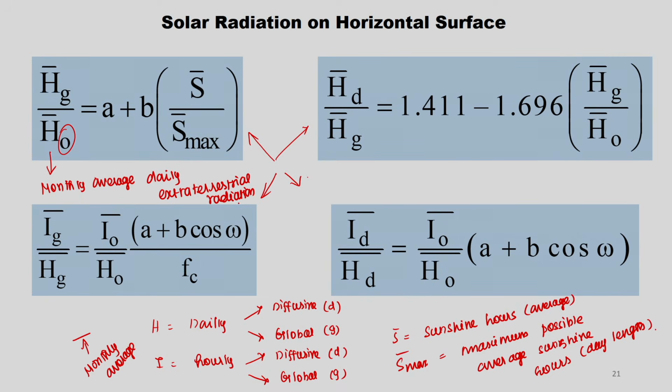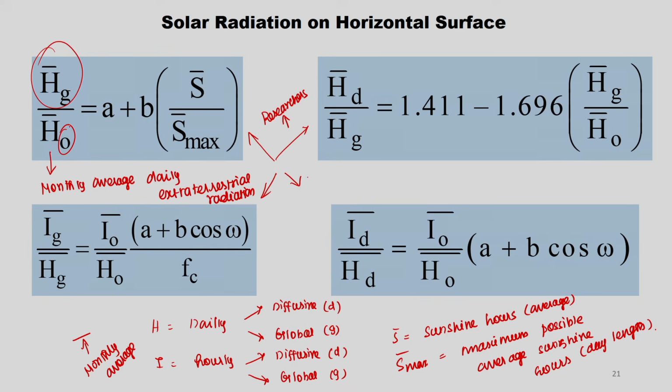All these correlations were given by researchers. Anyway, we will see this in detail when we do the problems, which correlation is being used for which case. Here, the global radiation is originally related to HC, that is the monthly average daily radiation under clear sky, but we cannot define clear sky with a certain definition which is applicable for all locations.